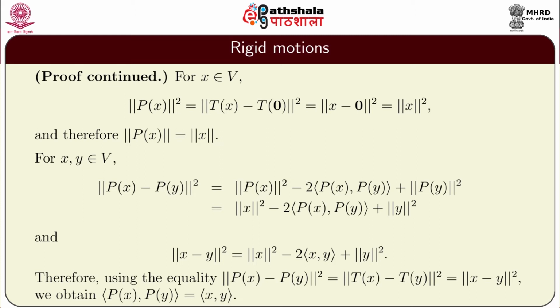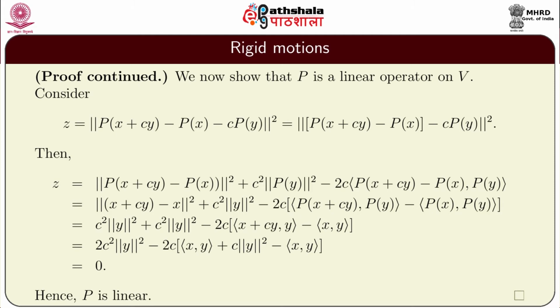Therefore, the right hand side is equal to norm of x squared minus 2 times inner product Px Py plus norm of y squared, and norm of x minus y squared is equal to norm of x squared minus 2 times inner product xy plus norm of y squared. Therefore, using the equality norm of Px minus Py squared is equal to norm of Tx minus Ty squared is equal to norm of x minus y squared, we obtain inner product Px Py is inner product xy.